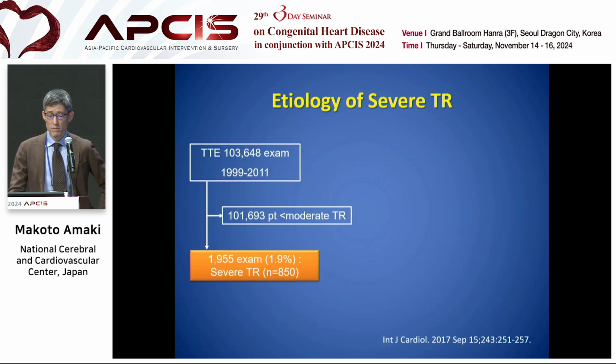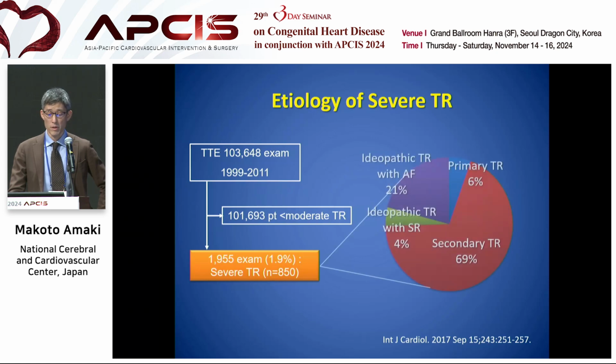This is one of the studies seen in a real-life cohort of 103,000 echo exams, and severe TR was found in 2% of the patients. When we look into the etiology of the TR, notice that secondary TR was around 70%.